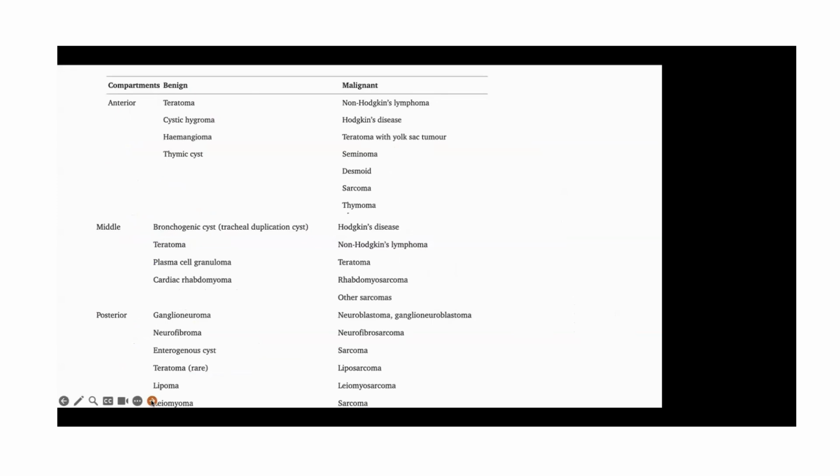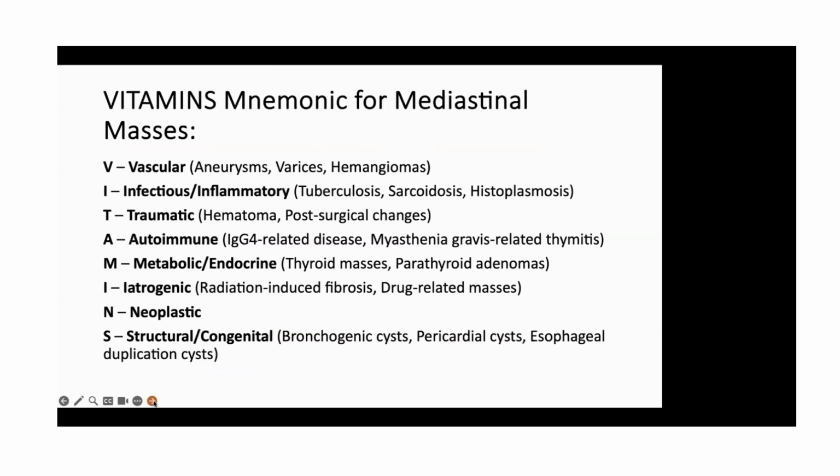Another subdivision shows the most often seen tumors and neoplasias, divided, as you see, into benign and malignant, based on the compartments that we had. There are many mnemonics to remember the mediastinal masses. One of them is VITAMINS.